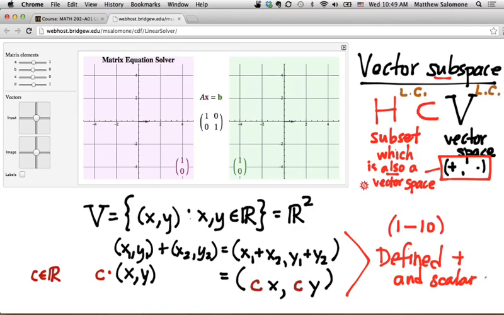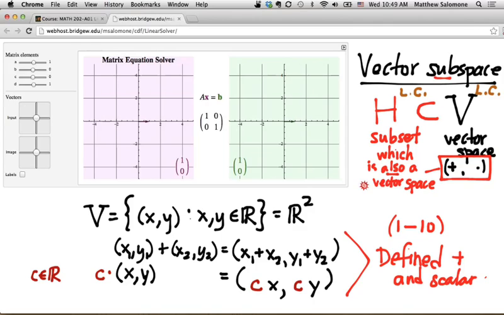Things like the commutativity of the addition operation follow just from the fact that addition of real numbers is commutative. So if I trade places with these two vectors, then I get the same answer that I had before. So those properties are going to follow from the corresponding properties that real numbers have. So we're not going to dwell on that.